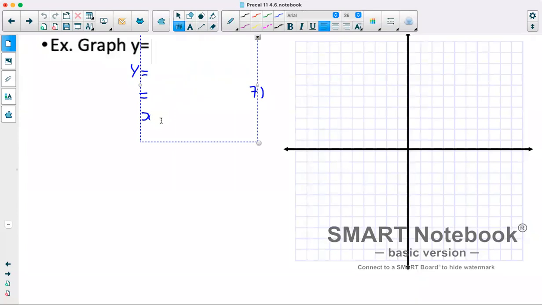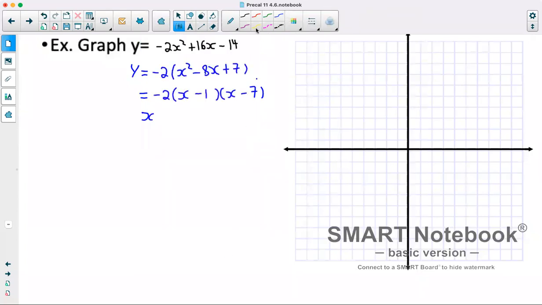That gives us x-intercepts at 1 and 7. Averaging those to get the vertex, we'd have 1 plus 7 divided by 2, which would be 4.